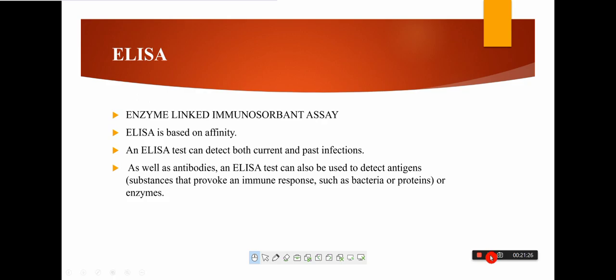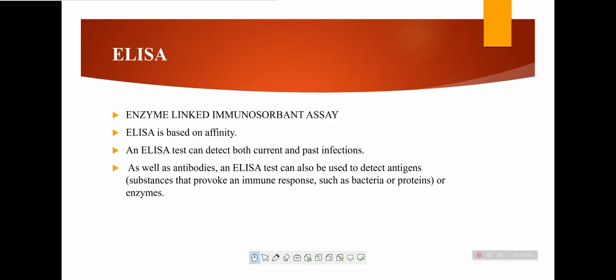Now talking about ELISA. ELISA, also called enzyme-linked immunosorbent assay, is a commonly used analytical biochemistry assay. It was first described by Engvall and Perlmann in 1971. This is used to detect both current and past infection.